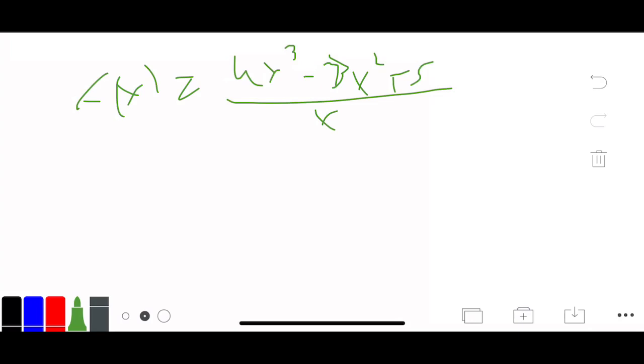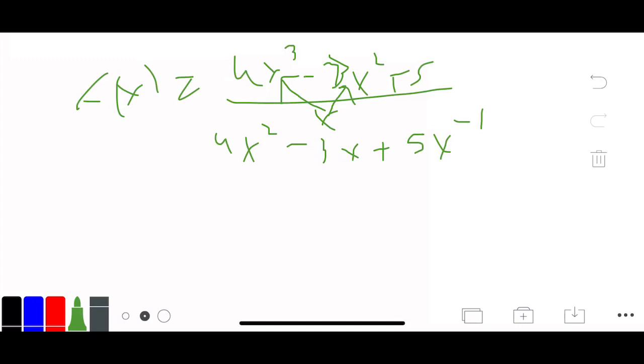So basically what you want to do is you have 4x squared, because you're basically going to get rid of the x, okay? So with the x on the top, you get 4x squared. The x with the middle term, you get minus 3x, and there's no x for the last term, so you basically can add the x to it, which will give you plus 5x to the negative 1.